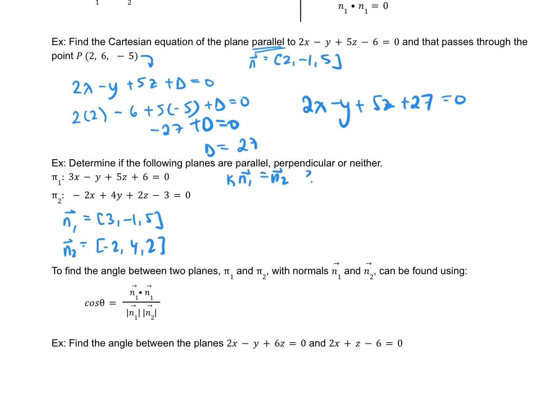So I'd have k times 3 equals -2, and for that, our scalar would be -2/3 for the x component to work. And then if I try it on the y component, I'd have -1 times k equals 4, and k is -4. Those are different. So there is no scalar multiple to make these parallel.